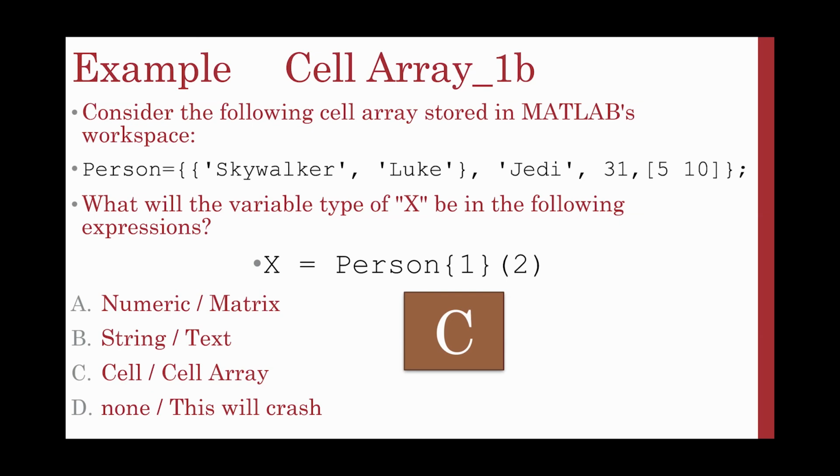Cell arrays are basically storing everything that we've learned about previously. It allows you to store our character strings, our vectors, our matrices all in one convenient place. You have to be careful with extracting information and your use of curly brackets. We learned about character arrays, which are text strings.